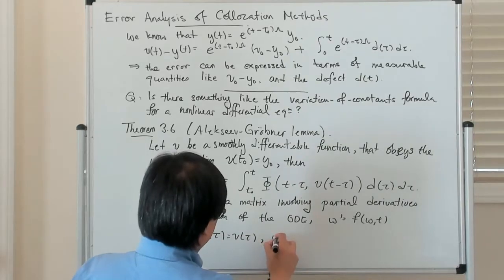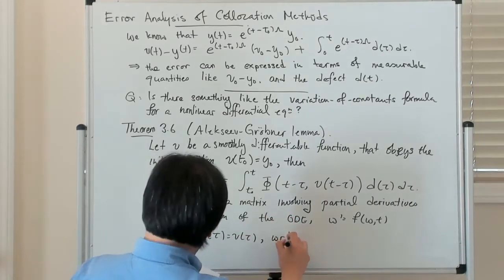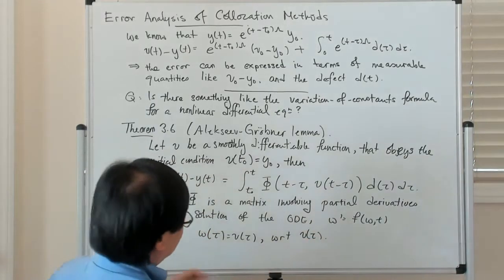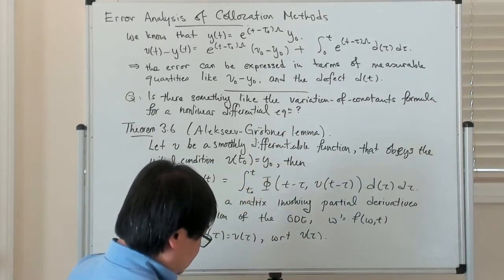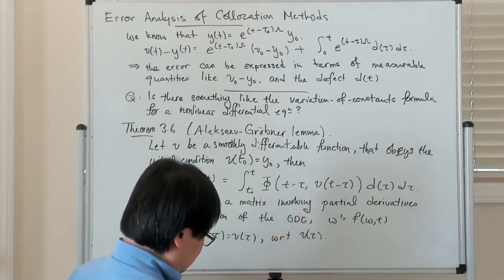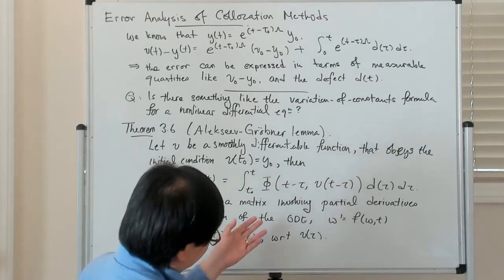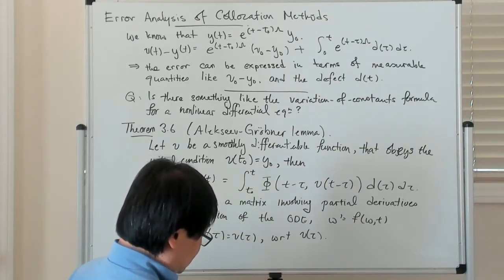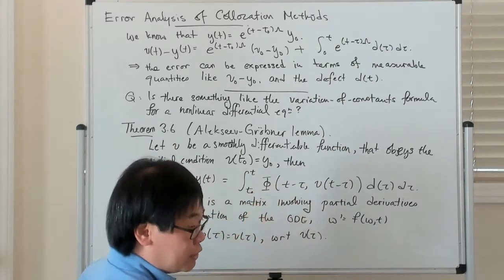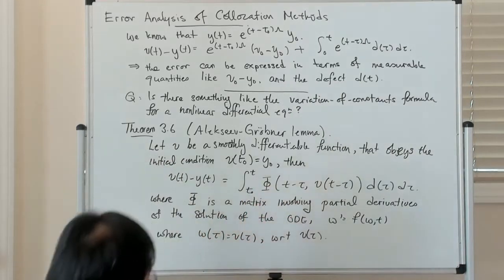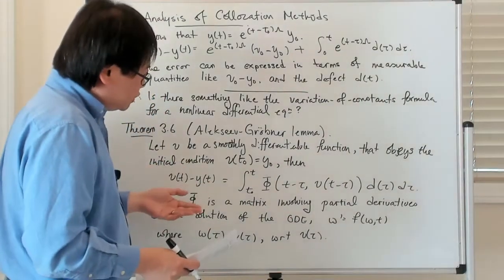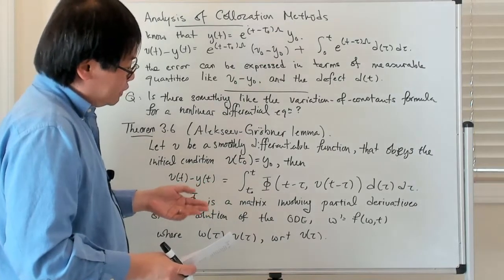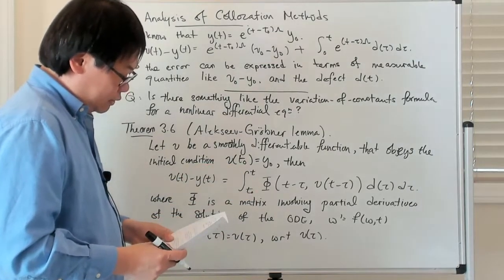And you take derivatives of this with respect to v of tau. The problem, of course, is that this matrix is in general unknown, but it is actually possible to estimate it efficiently, which turns out to be useful for error control. But for the purposes of the error analysis which we're going to perform for the collocation methods, you don't actually need to compute that explicitly.